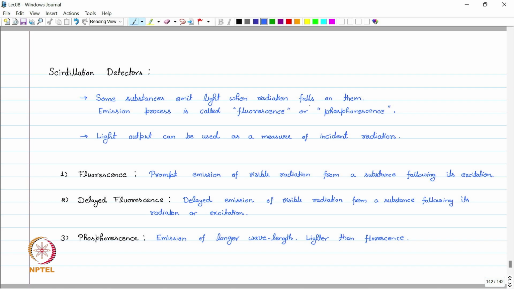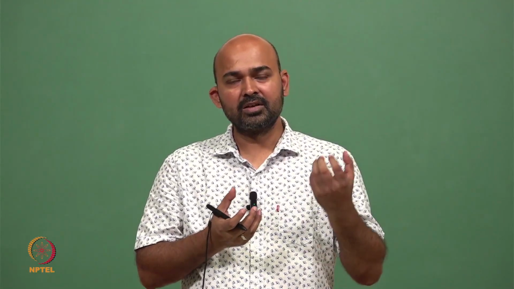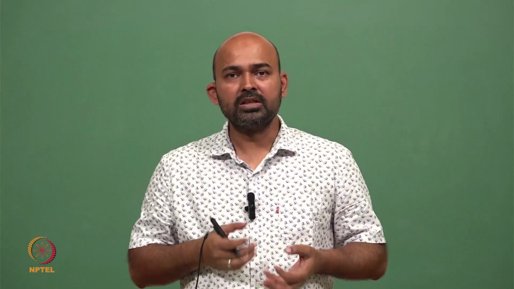So we have three processes by which a material accepts the radiation and generates visible light. In all the cases, the basis of the measurement is that the material converts this radiation into visible light.